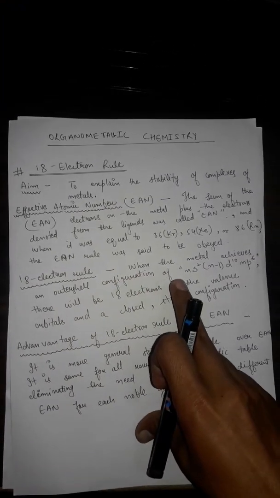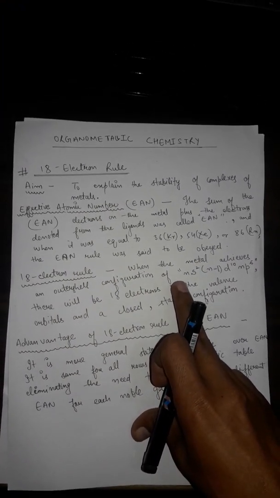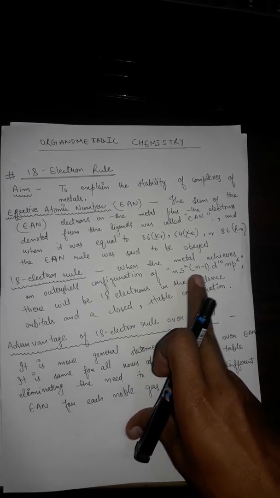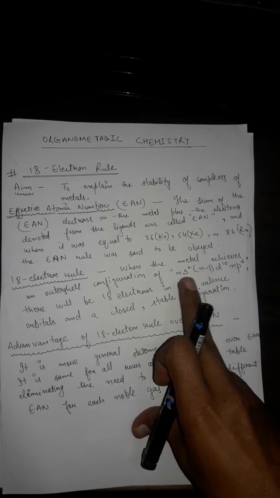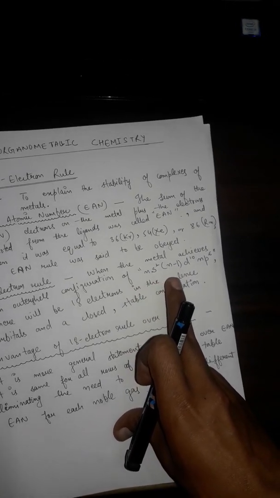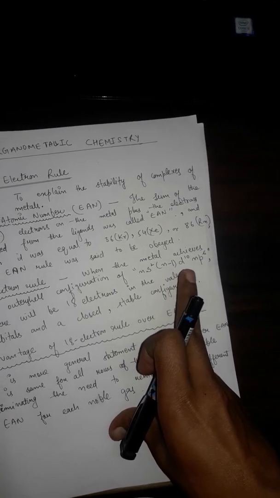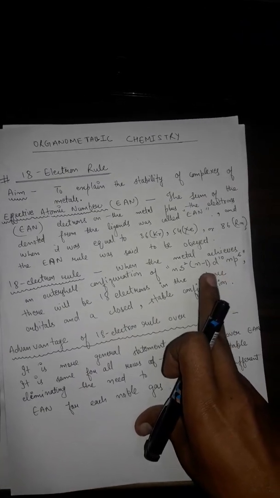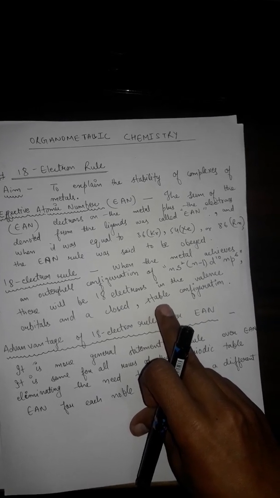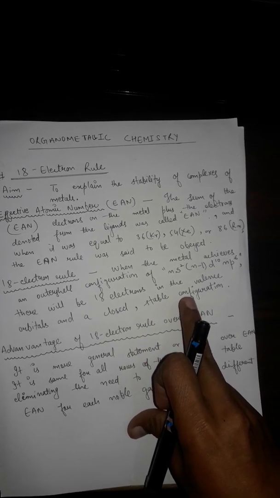But nowadays the 18 electron rule has come into play. What the 18 electron rule says is that when the metal achieves an outer shell configuration of ns2 (n-1)d10 np6, there will be 18 electrons in the valence orbitals and a closed stable configuration.